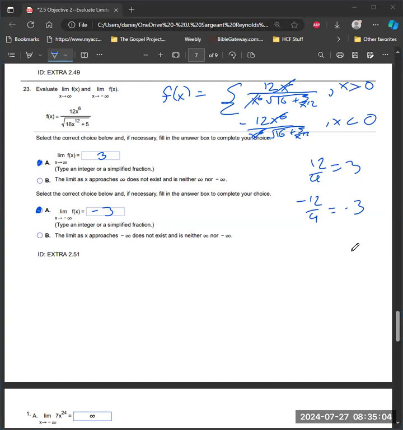But it says that it's 3 in both cases. Let me go ahead and look at my calculator here and see what's going on.